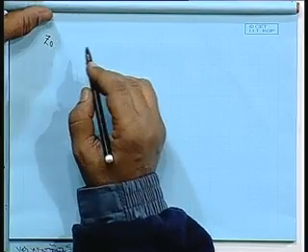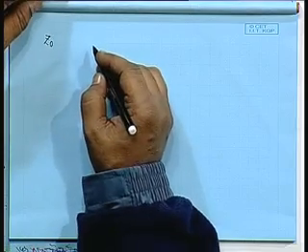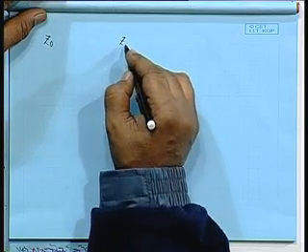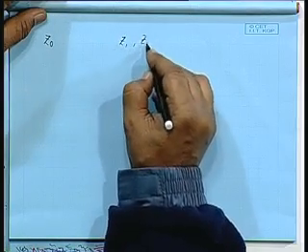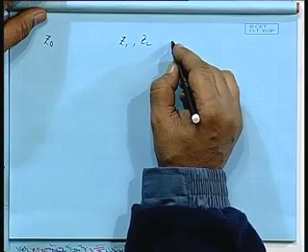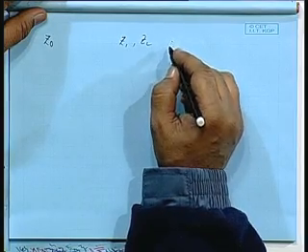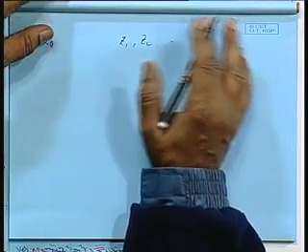In the case of purely reactive elements, say Z 1 and Z 2 purely reactive, you do not get a situation when this will be complex. That is the ideal situation.